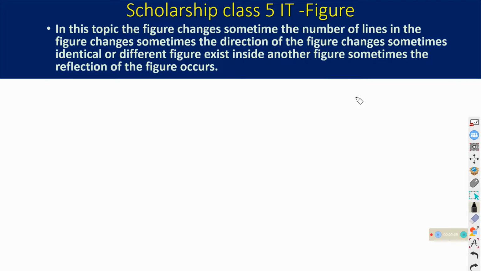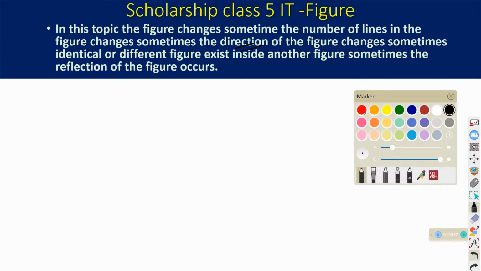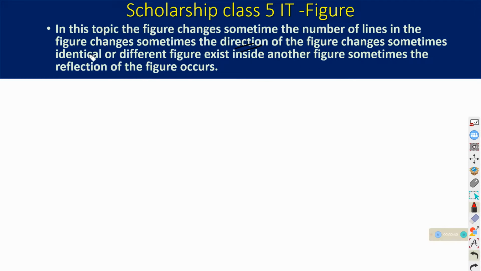Sometimes a figure has certain directions mentioned in it. Sometimes there are figures which are identical, some figures which are different. Sometimes there will be a figure inside another figure. So I told at least 5 times figure. That means using figures we can test the intelligence. Certain properties shown in the figure will be used for checking the intelligence of a person.